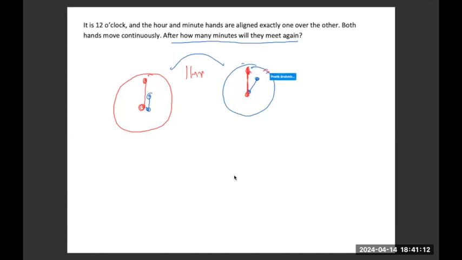Why between 5 and 6? Because as the minute hand moves, the hour hand will also move slightly. So that's where they will meet together, between 5 and 6 minutes. So they will look somewhere like this. Here, and then the same thing will be the minute hand.